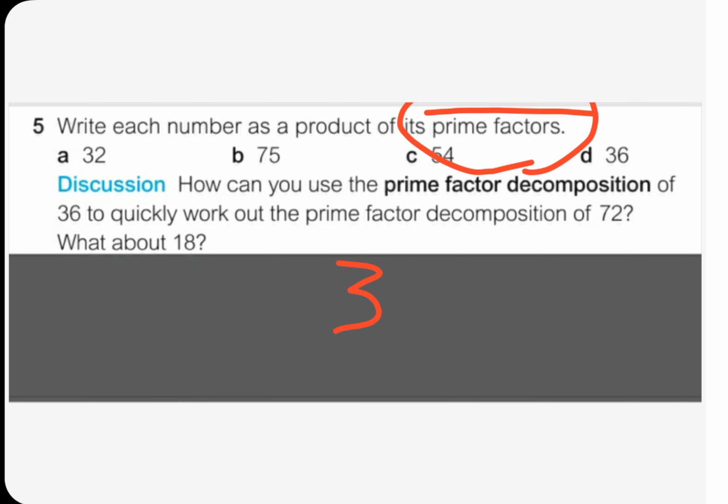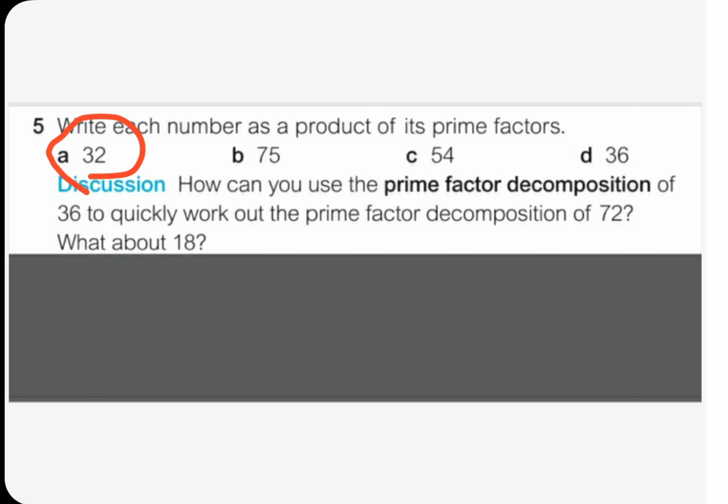Now, let's move on and answer the question. Let's look at the number 32. We have to understand what prime numbers are. Prime numbers start from number 2, and then 3, 5, 7, and so on.